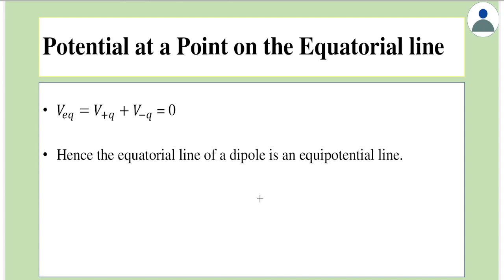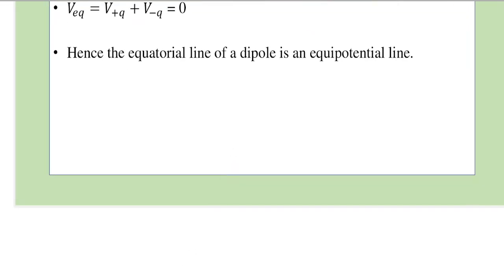Let's find out what is the potential at a point on the equatorial plane. So again, let's redraw the configuration where we have charge minus q and then plus q. So a plane passing through center is called equatorial plane, but from side view we just see a straight line. Suppose this is the point P where we need to find the electric potential.